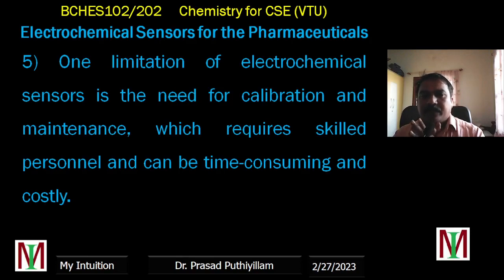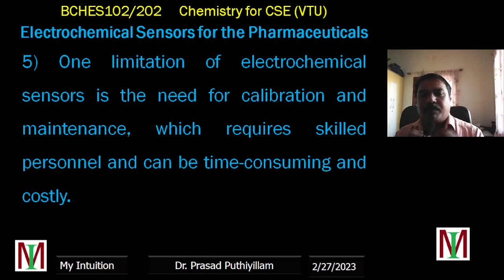That will be done with known samples, where we know the concentration. With the known samples, we have to do calibration and it should give the result which is expected for that known sample. We know what the reading should be given by the electrochemical sensor. That process is known as calibration. So calibration has to be done.